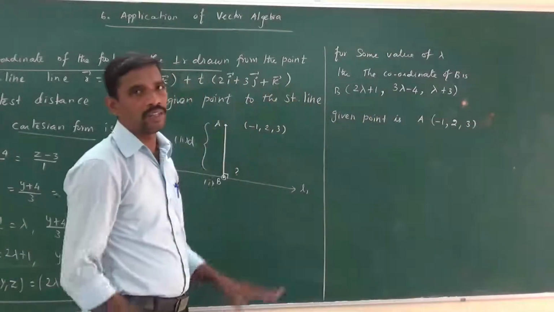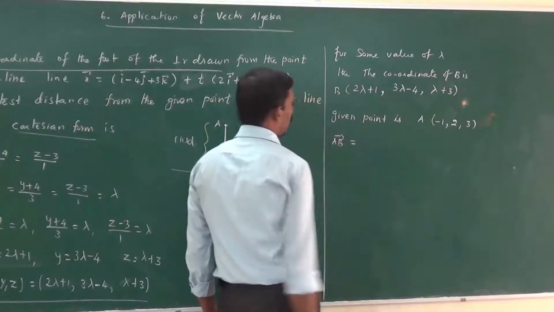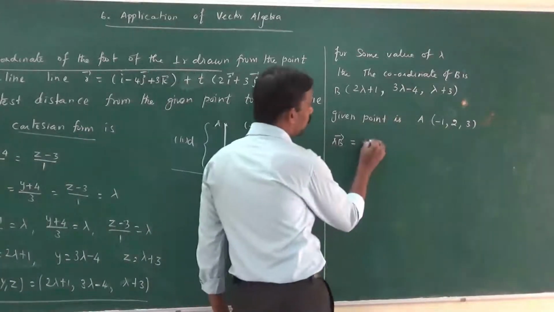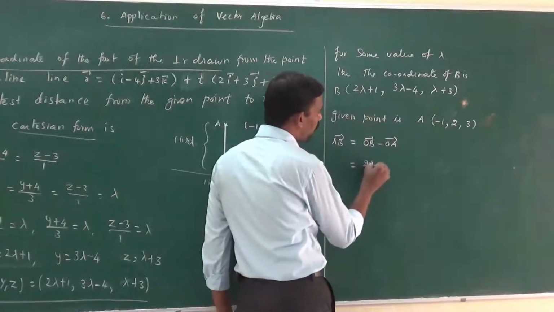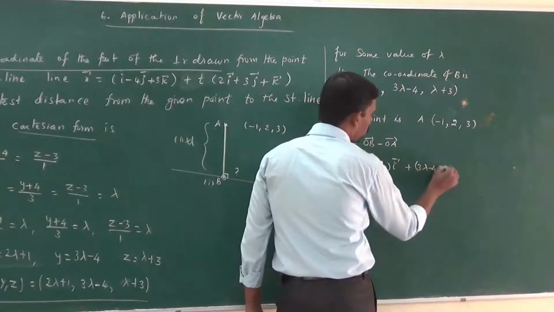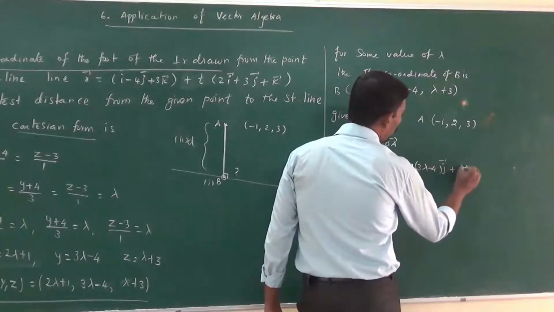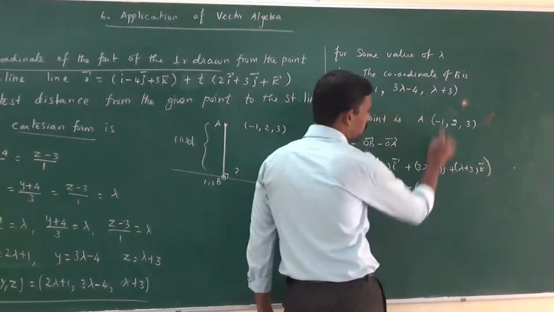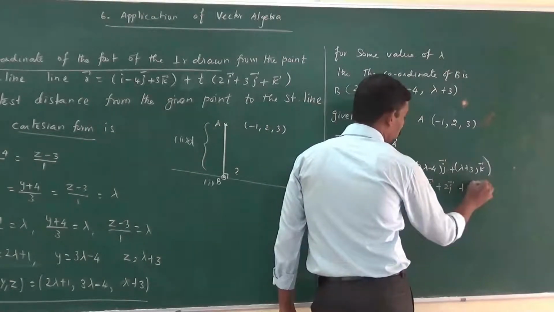Now I want to find out the AB vector. Okay? So AB vector is equal to OB vector minus OA vector. What is OB? 2 lambda plus 1 into I vector, 3 lambda minus 4 into J vector, then lambda plus 3 into K vector, minus I vector plus 2J vector plus 3K vector.